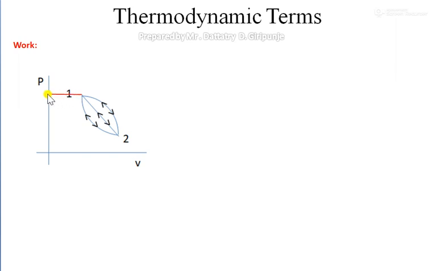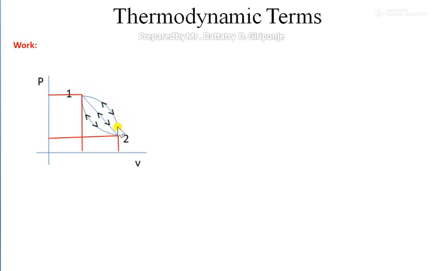For example, at state 1, if I check the pressure, it will be P1, and the volume with respect to state 1 will be V1. If I check the pressure with respect to state 2, it will be P2, and the volume with respect to state 2 will be V2.